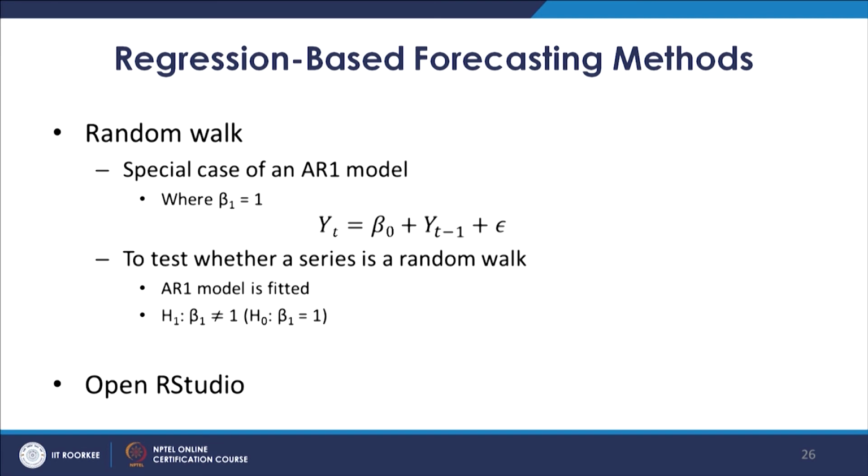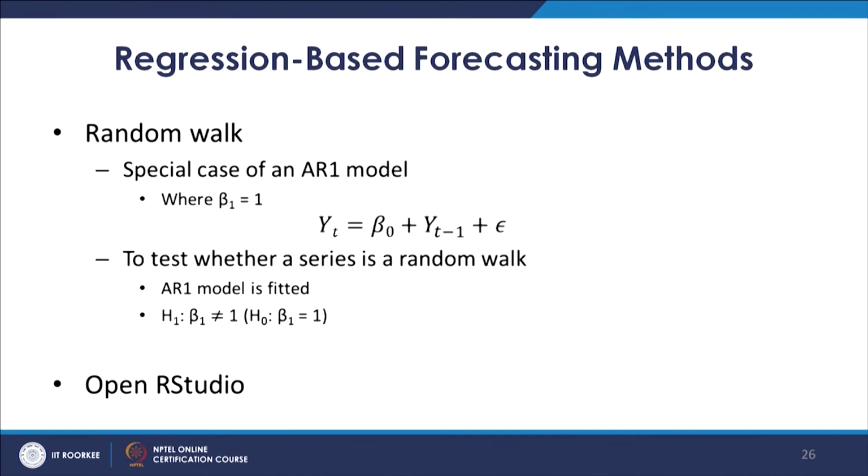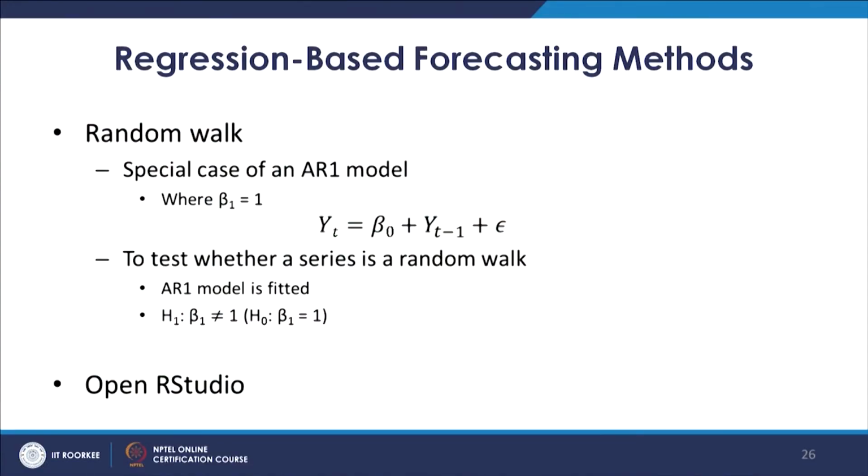The value is mainly dependent on yt minus 1 and the remaining part is noise, which is something that we cannot further use for improving the forecast. If this is the case, then probably the series is a random walk.